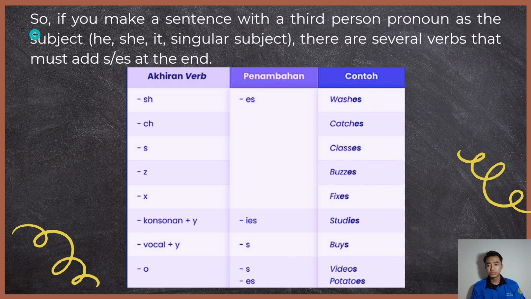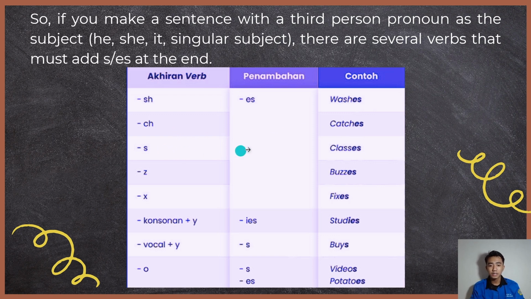Okay, so if you make a sentence with a third person pronoun as the subject, he, she, it, singular subject, there are several verbs that must add s or es at the end. Sh adds es, example wash, washes. And ch adds es, example catches.